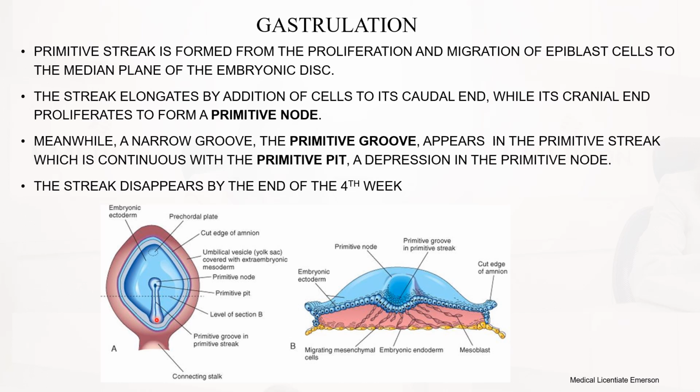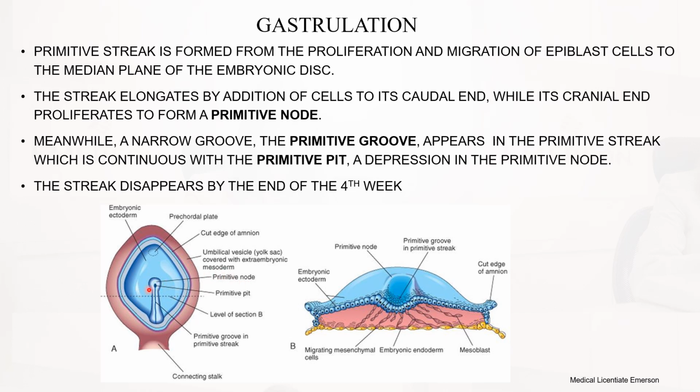This primitive streak continued to elongate to its caudal end, while its cranial end proliferates to form the primitive node. So this is the cranial end that has formed what we call the primitive node.